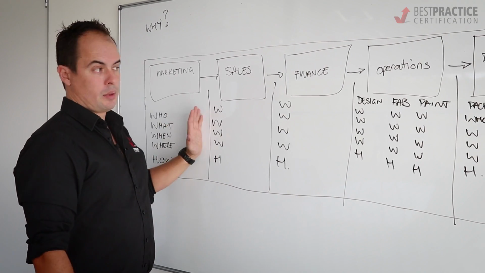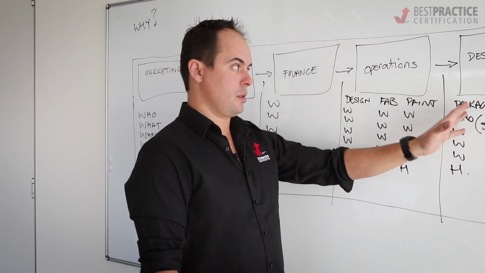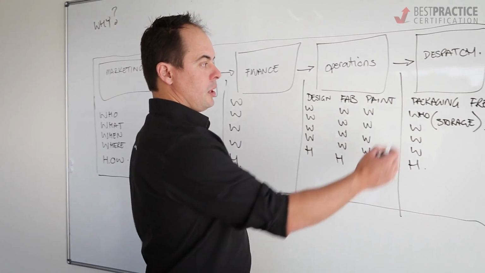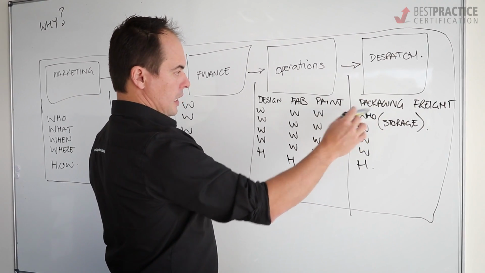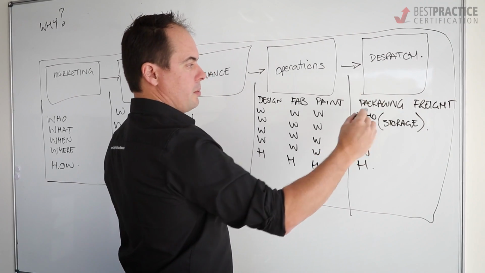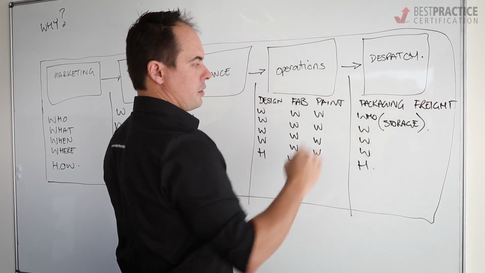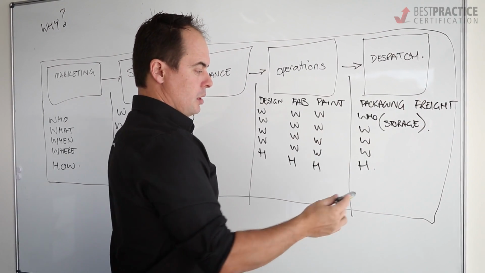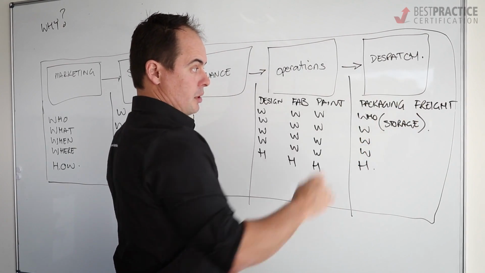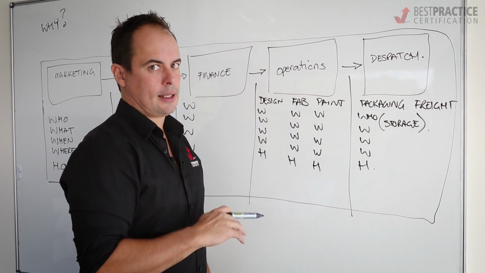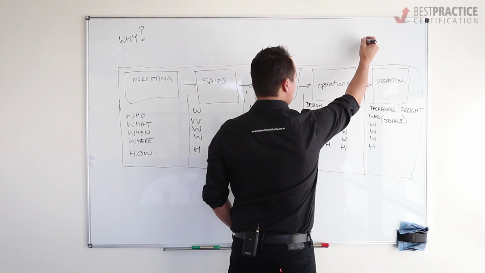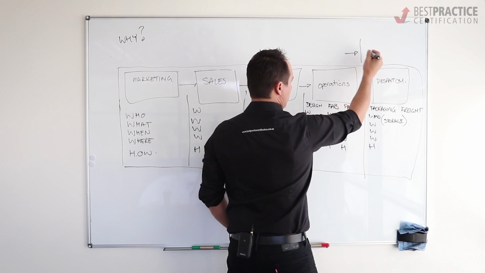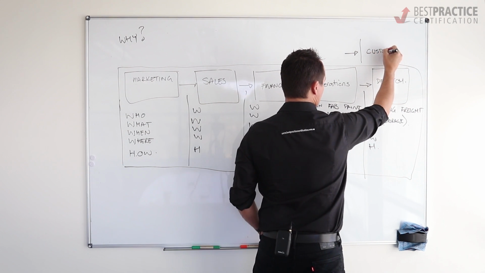But equally, when you're trading with a customer in this particular business that I'm talking about, and I won't name names, they have an issue with, from each of these business units, who does the packaging, who does the freight, and who does the storage. And the question there was, is it someone from each of these three teams, or is it the customer? So in that particular business, their service stops here and the customer takes over.